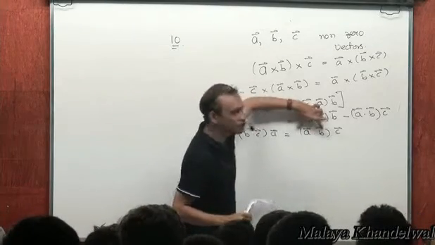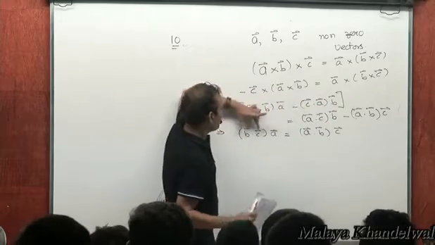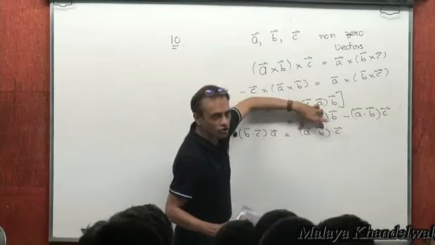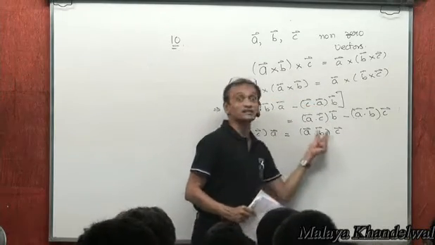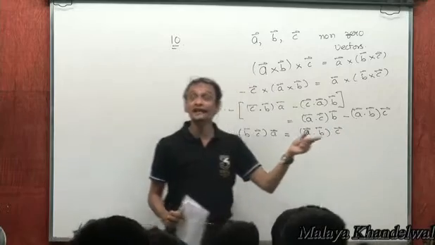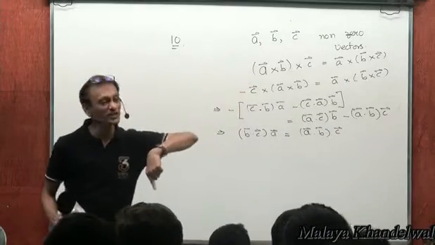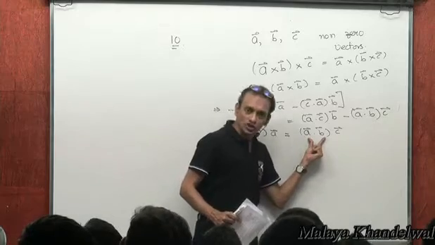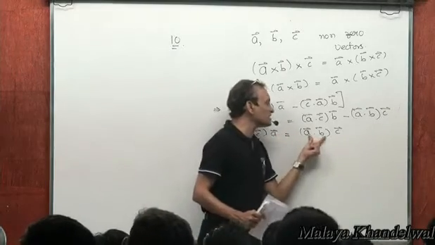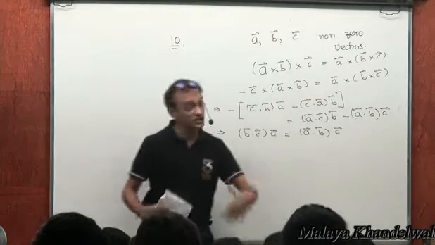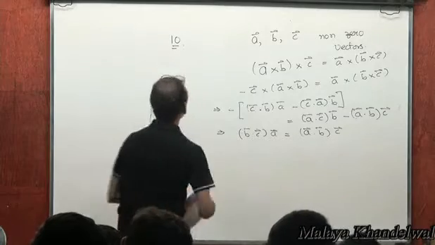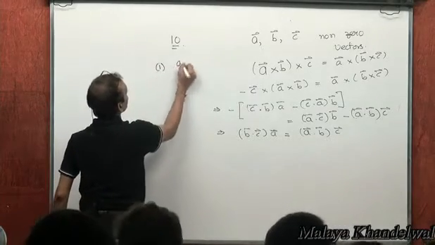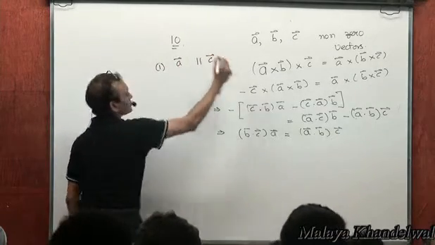So if B dot C and A dot B are non-zero, then A could be written as a scalar times C. That means A and C will be parallel to each other. That's one possibility.